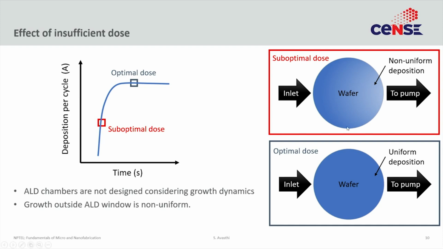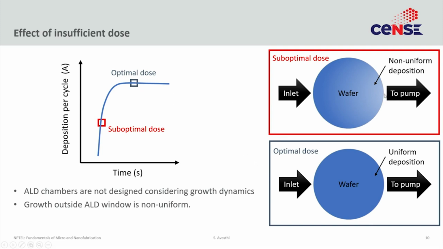So here's an example. Supposing you had a deposition per cycle, and this is component A and the component A dose cycle. So once again, suboptimal dose because not enough material is going on. At some point it will saturate. So this is the optimal dose. Now, if you were to look at a wafer that was processed at a suboptimal dose, which is the red square, and the one that is processed at an optimal dose, which is the blue square.